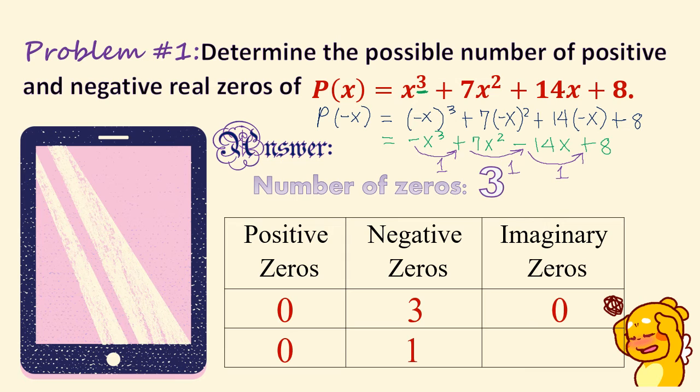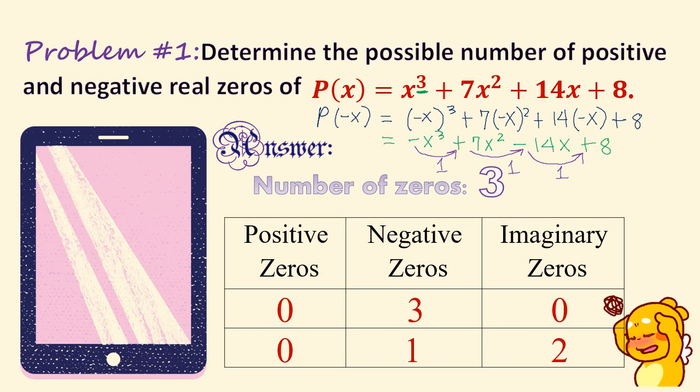But if our answer follows the set number 2, so if we don't have positive zeros but we do have one negative zero, therefore we can say that the remaining 2 zeros will be imaginary zeros. So that would be the possibilities of the answer that we can have.